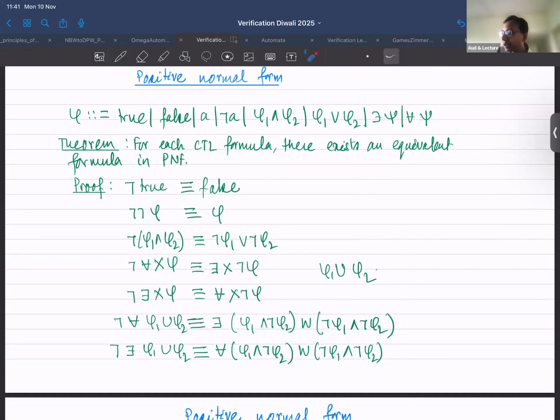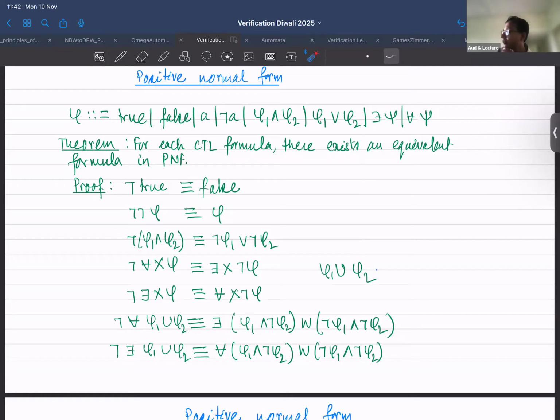But here also, when we are using the positive normal form along with the until, we also need a weak until. Okay. So we also have the weak until in the positive normal form, and what it can result in is that again there can be an exponential blow up, right?